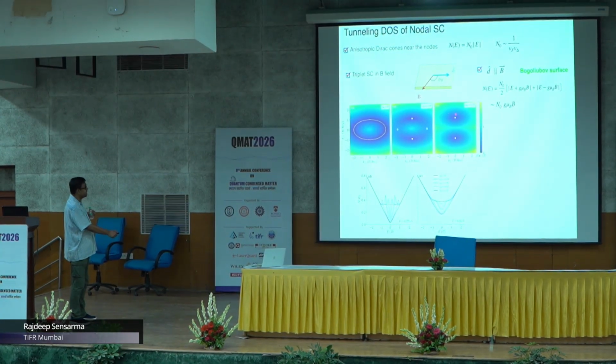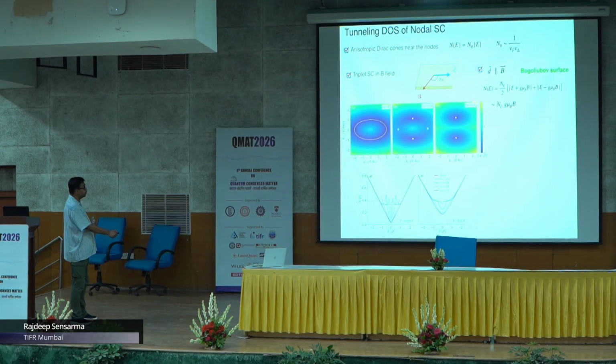When D is perpendicular to B, you don't get this. The single node splits into two point nodes, and there are two Dirac points. In between, of course, there is a Van Hove because you are just going up and then coming down. At some point, you will have to have a Van Hove. Basically, in this case, there are no Van Hoves. There are just two Dirac points, and that gives you this one.